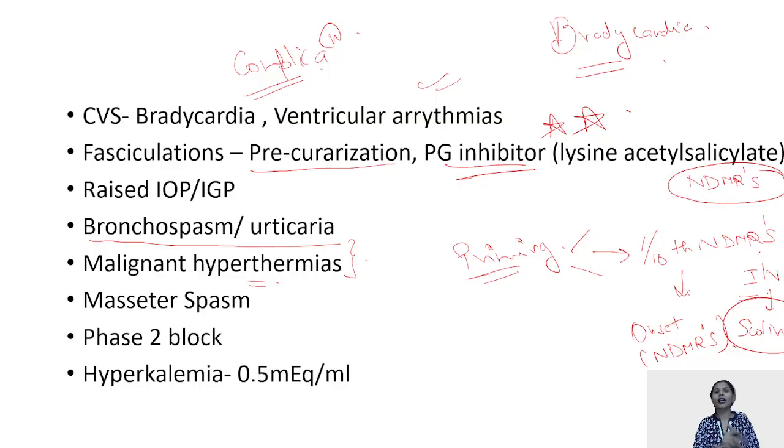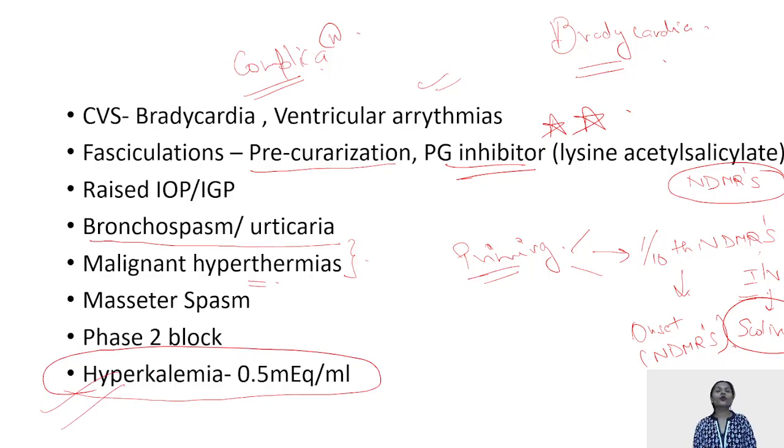This is malignant hyperthermia, and scolin makes the patient highly susceptible to it, which also leads to masseter spasm. Phase 2 block I've already explained. And one more condition that scolin causes in our body is hyperkalemia.